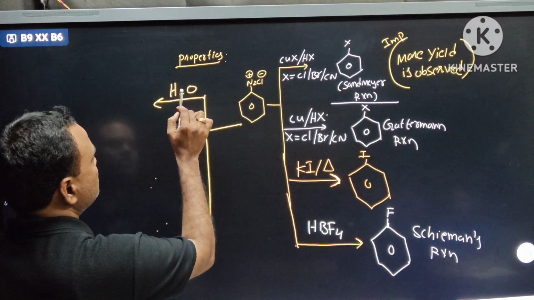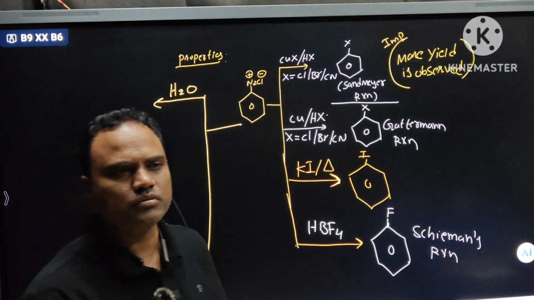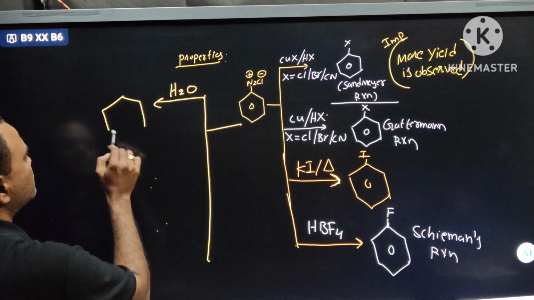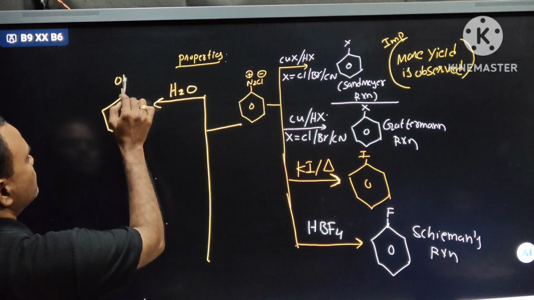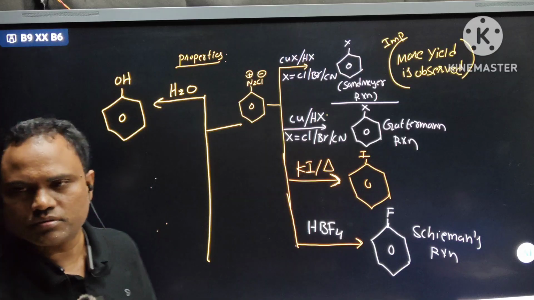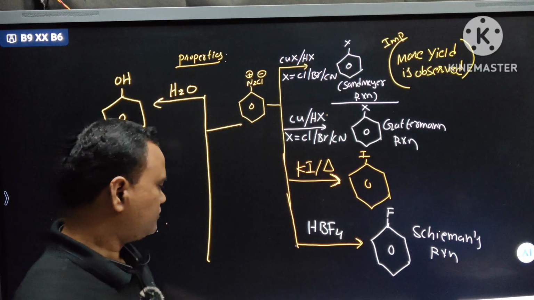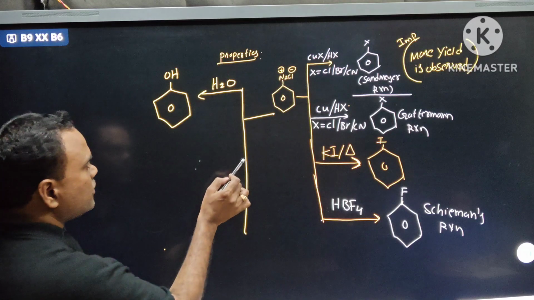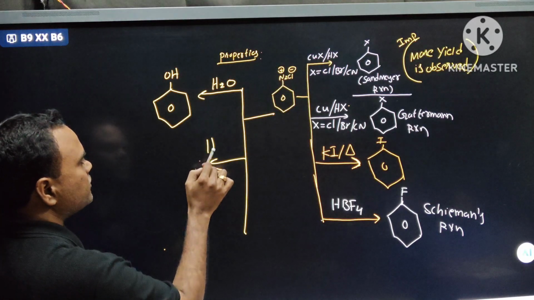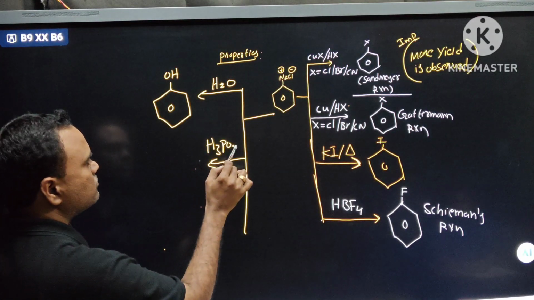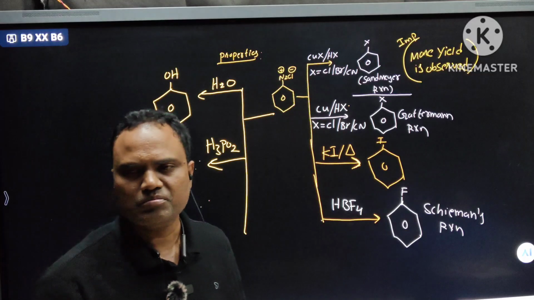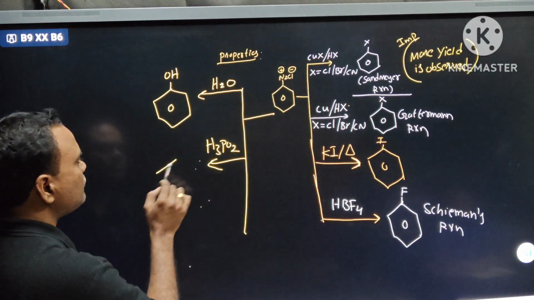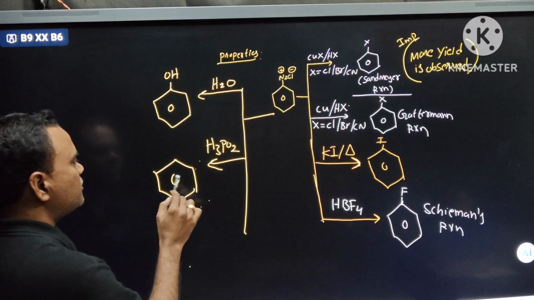When benzene diazonium chloride is treated with water, phenol is formed. Phenol is formed. Okay. And benzene diazonium chloride treated with H3PO2, which is a good reducing agent, benzene is formed.